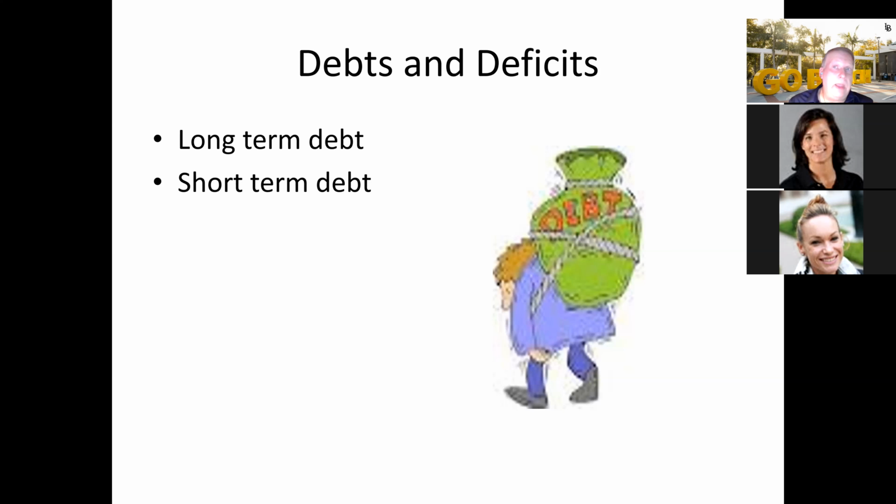But most of the time, when we are constructing a building or buying a new fleet of police vehicles or a new fleet of fire trucks, that's a very costly type of capital project, and we're going to pay for it by issuing a bond. We issue bonds and borrow money in the long-term approach for a variety of reasons. One reason is if you're going to construct a $60 million recreation center, there's no way you could raise your tax rates enough to raise $60 million in that first year of construction.